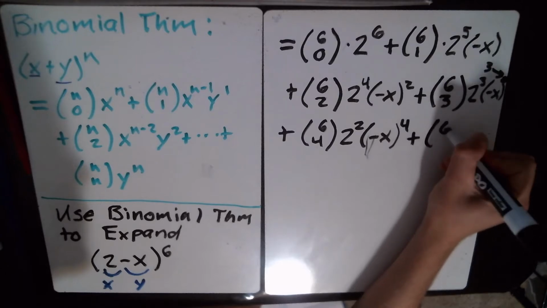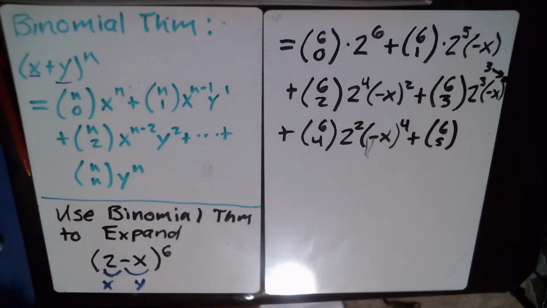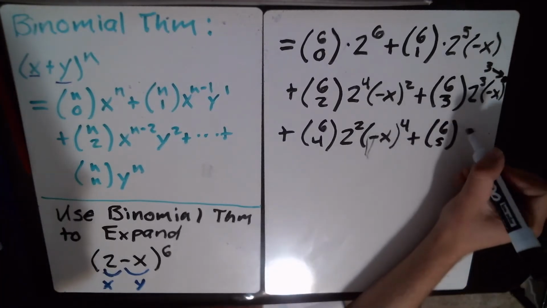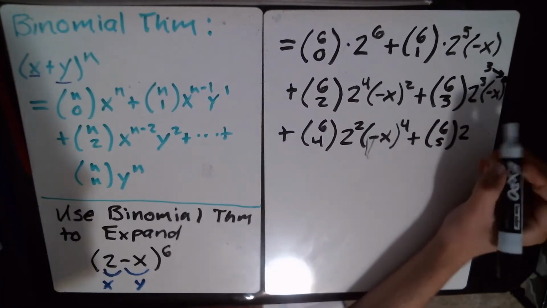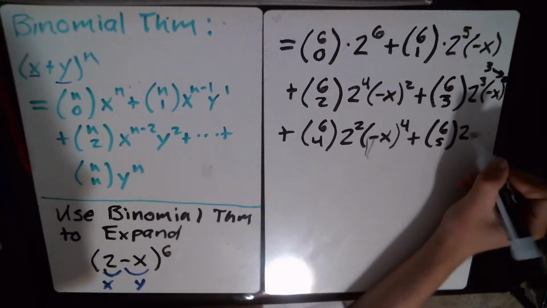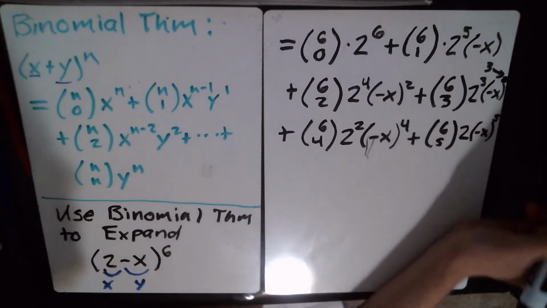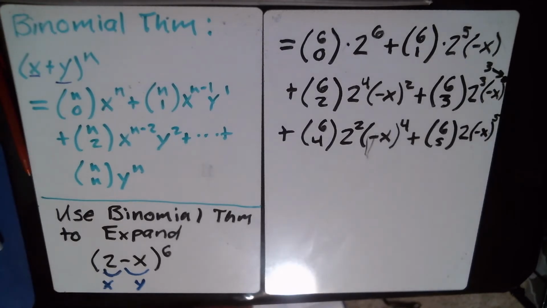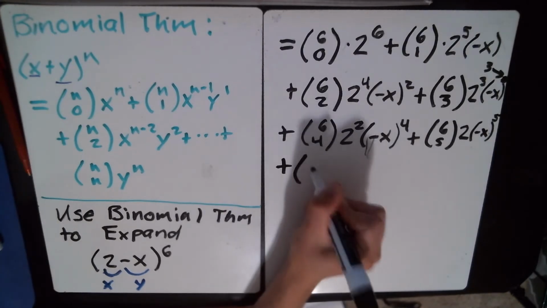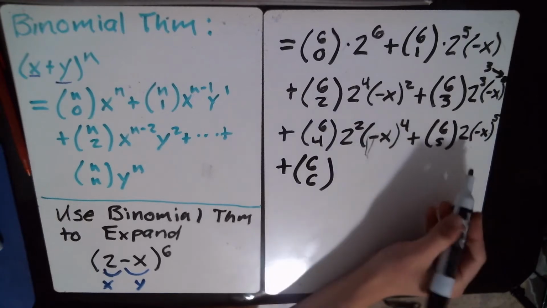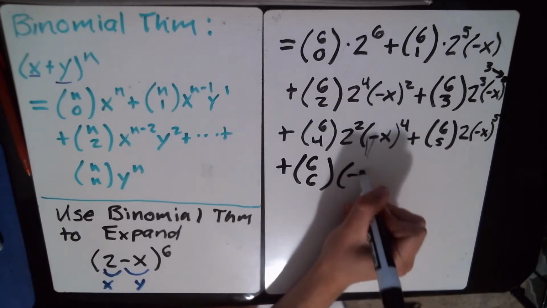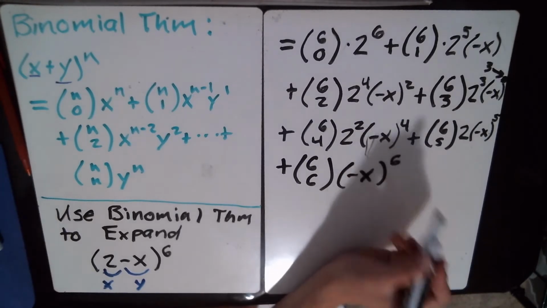Plus 6 choose 5 of 2 to the 1 power times negative x to the 5th power. Plus 6 choose 6 of just all of it on the negative x.